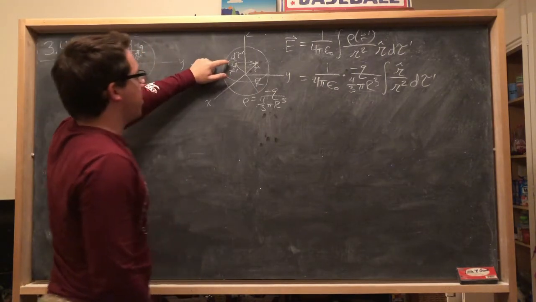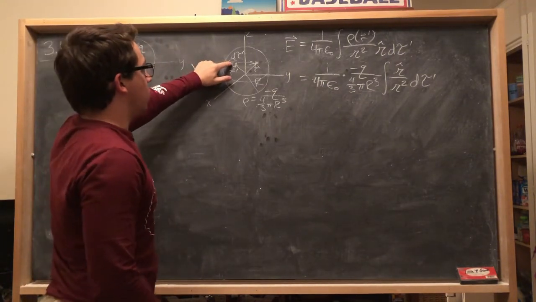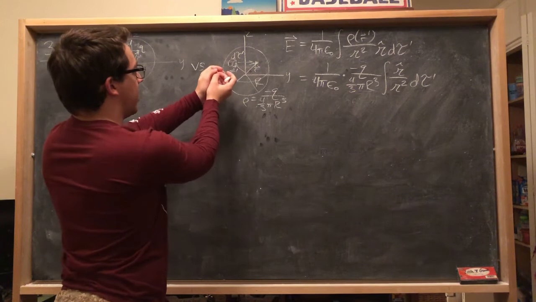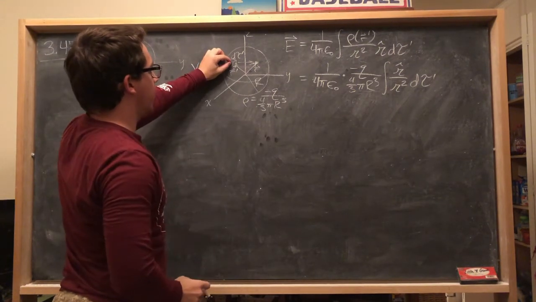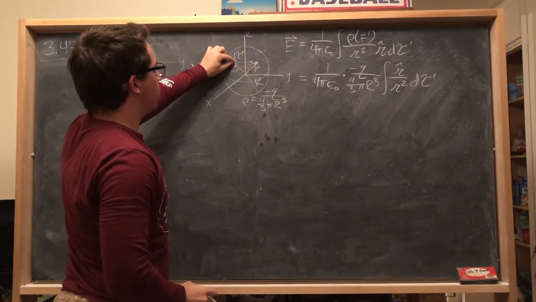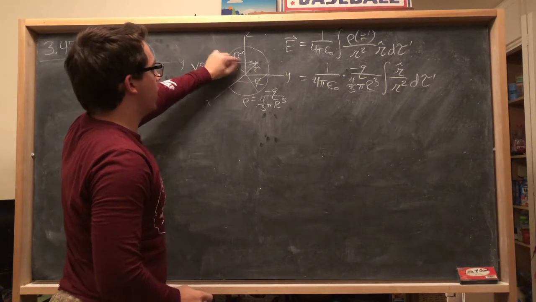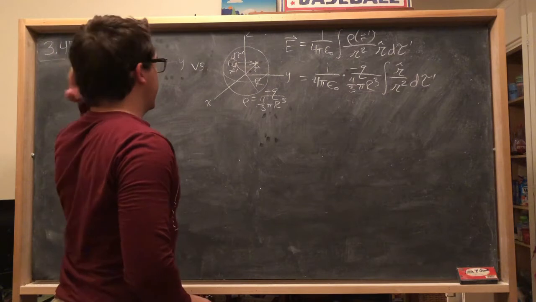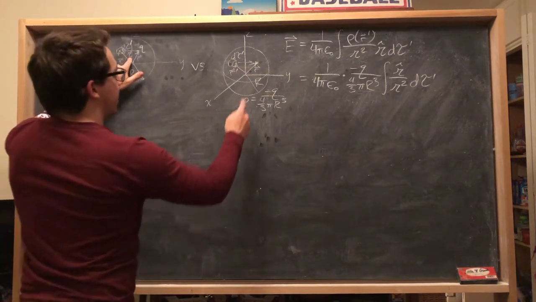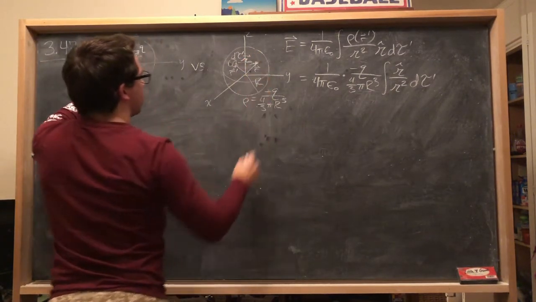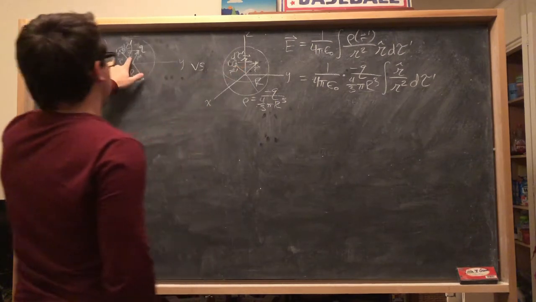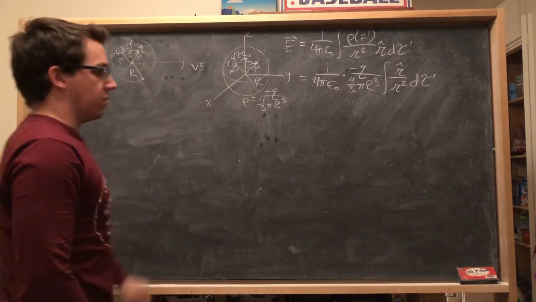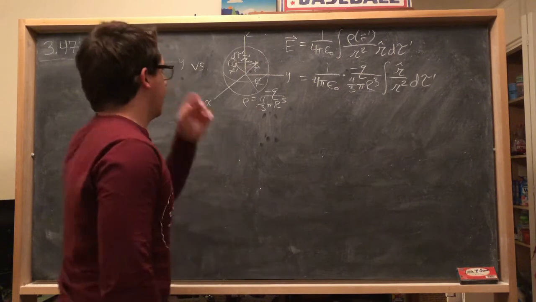It would be pointing from the infinitesimal component of charge in the sphere toward our r, which is where we're calculating the electric field. And so we can see that in this case, our script r here is actually just the negative of the script r that the problem defines for us.